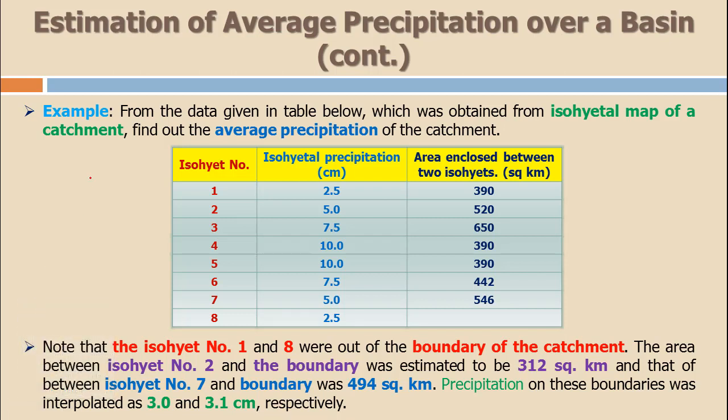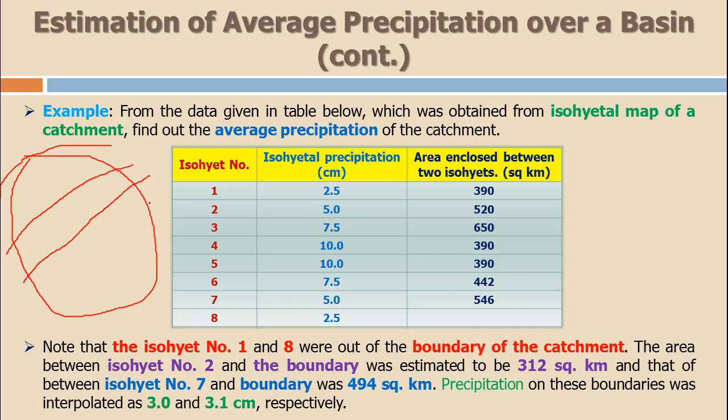Now here is a problem in which, let's suppose this is the area, and in this area we have isohyet number 1 over here, isohyet number 2, isohyet number 3, isohyet number 4, isohyet number 5, isohyet number 6, isohyet number 7, and isohyet number 8 is over there.